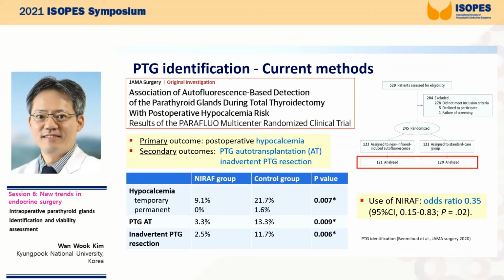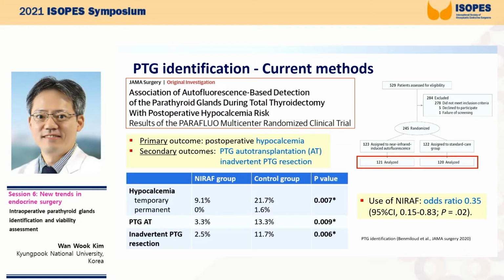Temporary postoperative hypocalcemia was 9% in the near-infrared autofluorescence group and 21% in the control group. Multivariate analysis found that the use of near-infrared autofluorescence reduced the risk of hypocalcemia with an odds ratio of 0.35.